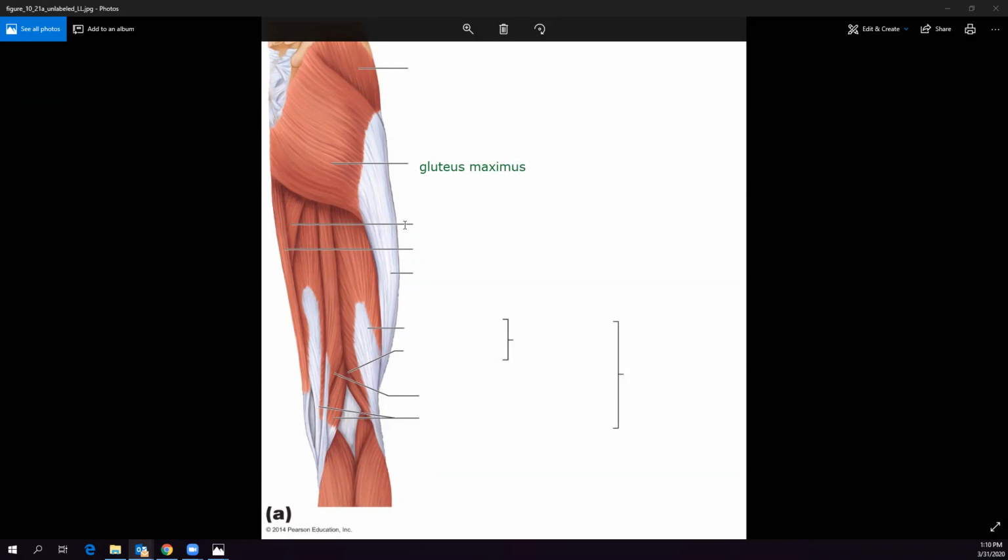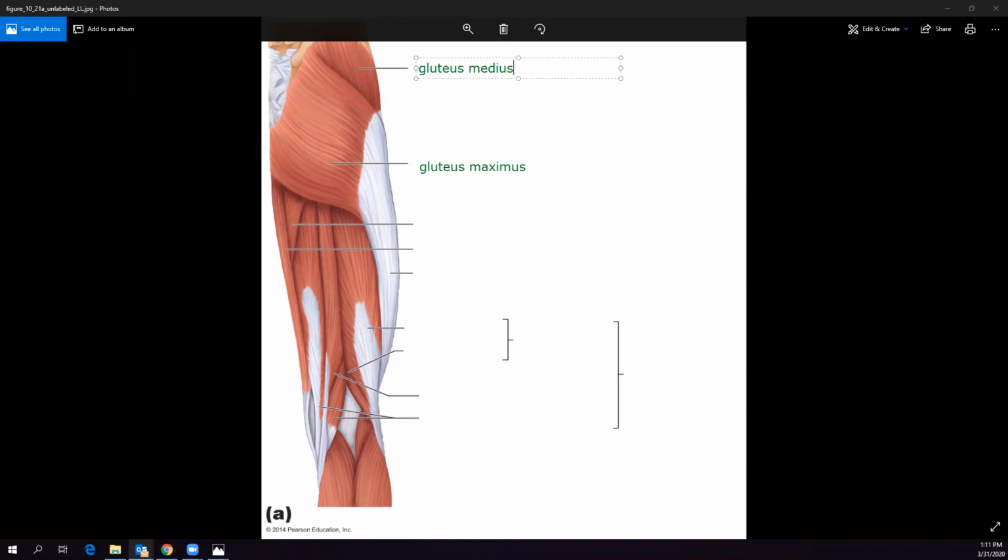All right, then while we're here, gluteus maximus, this is going to be gluteus medius. That's up here on the iliac crest right there.